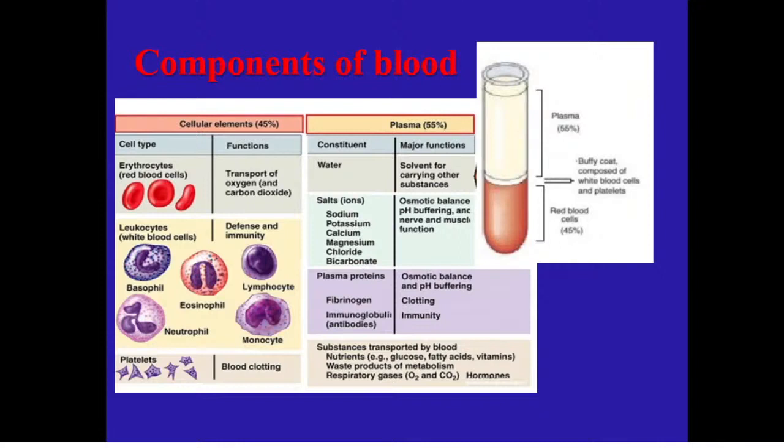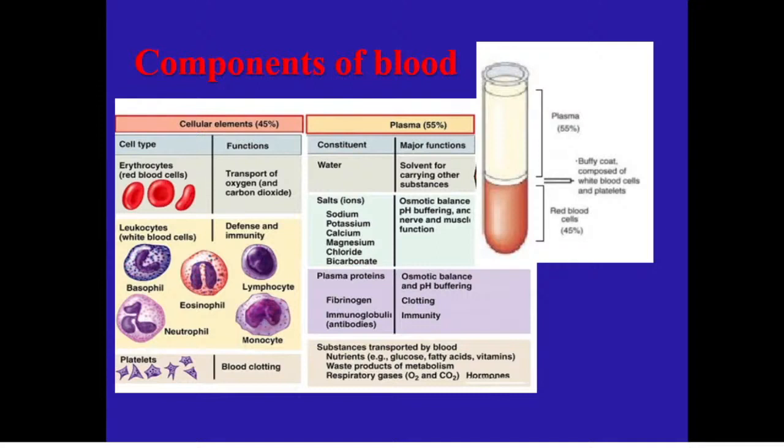Cellular elements are nearly 45% of the volume of our blood, and they are represented by red blood cells, the main function of which is the transport of oxygen and a little bit of carbon dioxide. Leukocytes, whose function is defense and our immunity.